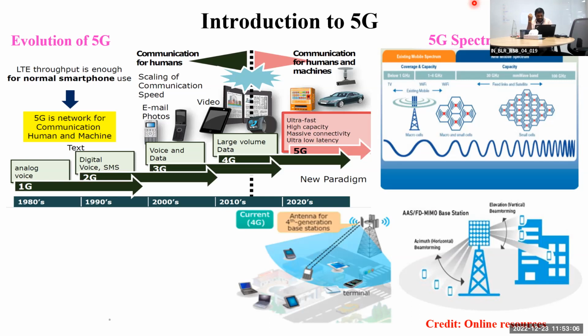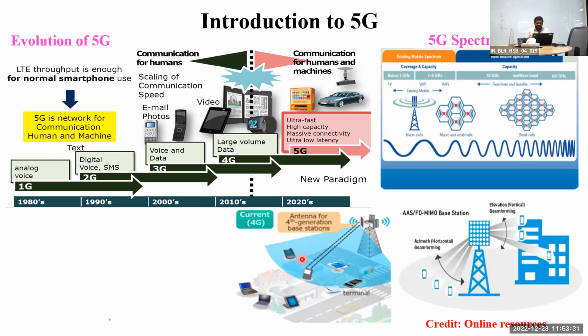Okay, and the second aspect of 5G is about coverage. So far we have seen that in your tower you might have seen three antennas to cover 360 degrees basically. Each antenna was intended to cover approximately 120 degrees, so in total you can cover the 360 degrees.